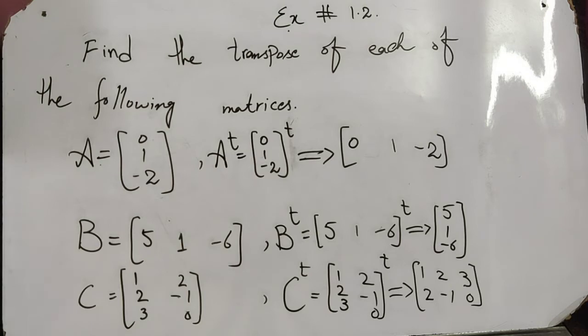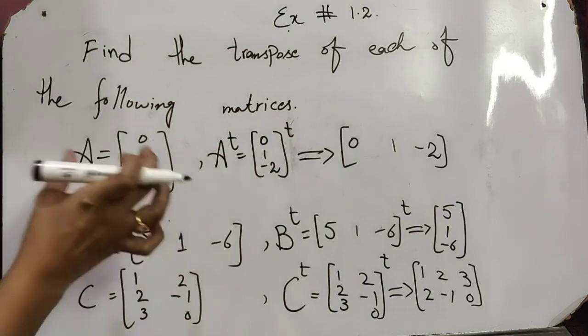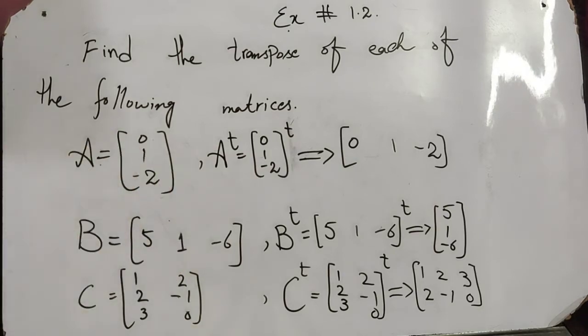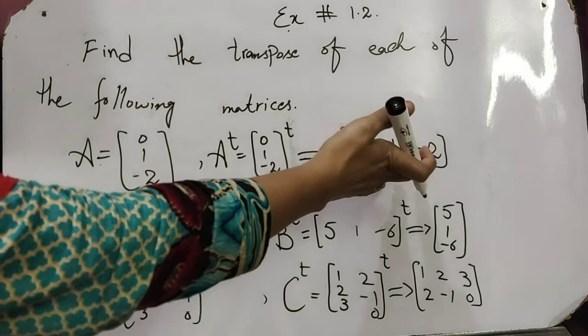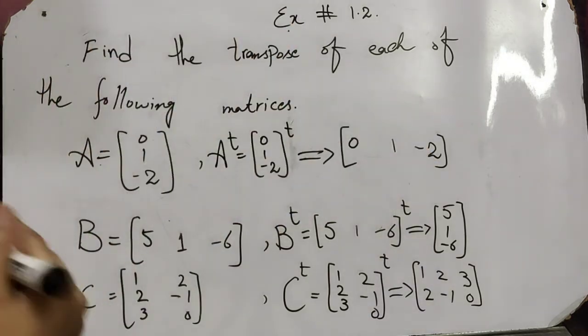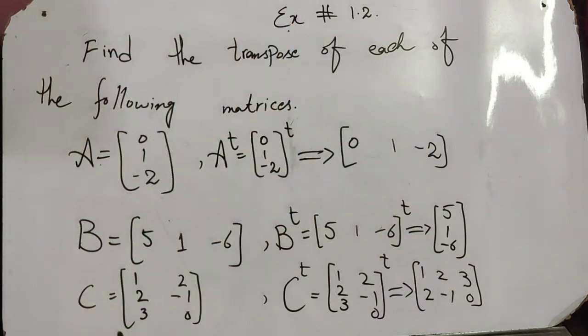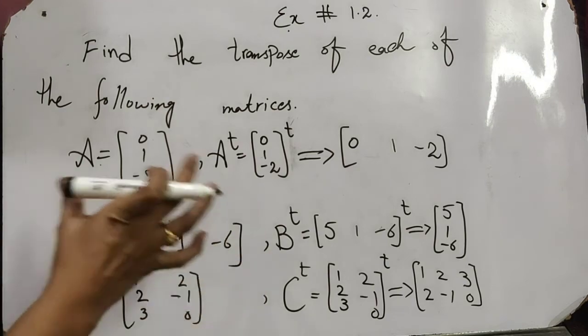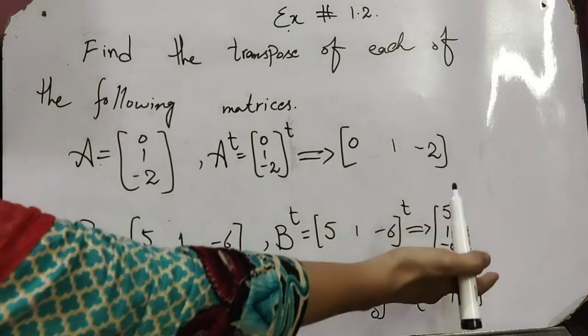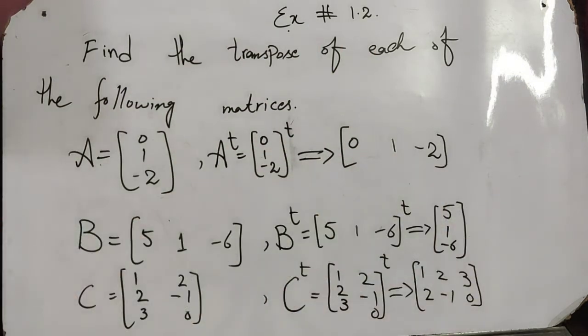If you notice, you can easily understand that if a matrix is a column matrix, then its transpose will be a row matrix, and if a matrix is a row matrix, then its transpose will be a column matrix. It means that the number of rows changes into the number of columns, and the number of columns changes into the number of rows.